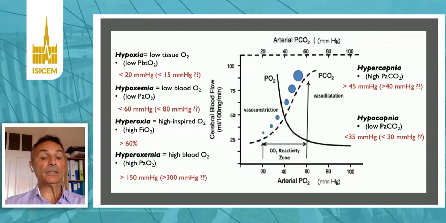Then hyperoxia is defined as above 60% and hyperoxemia above 150, or in some other reports 300. For hypercapnia, in the general population the thresholds are 45 for hypercapnia and less than 35 for hypocapnia. But we will see that in brain injured patients, probably the target for hypercapnia is lower, and the same with hypocapnia.